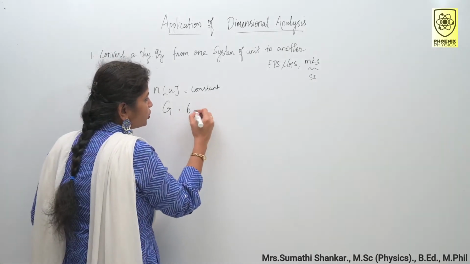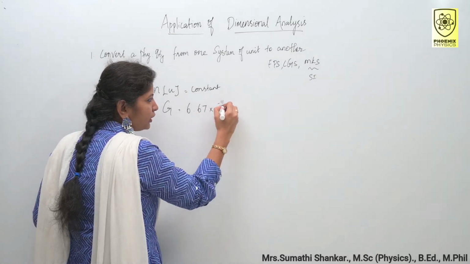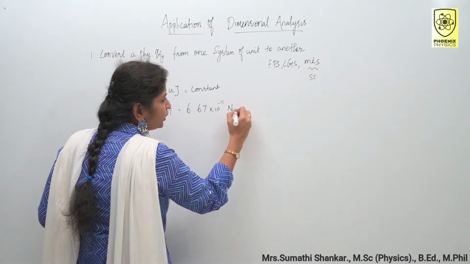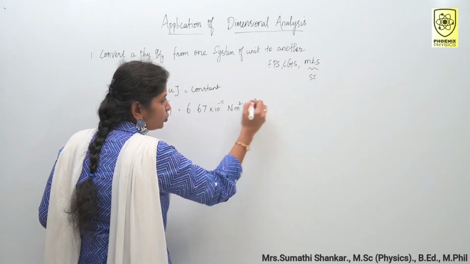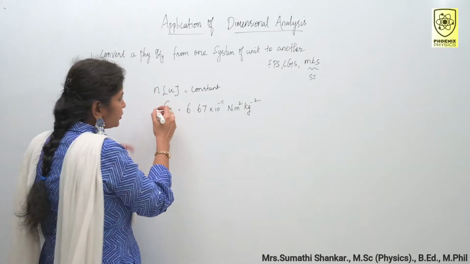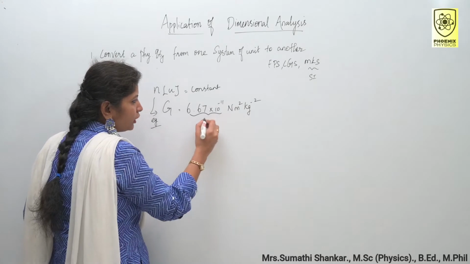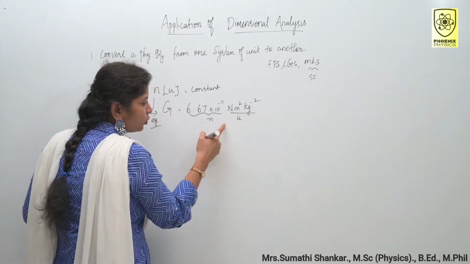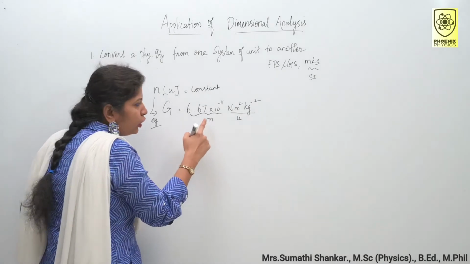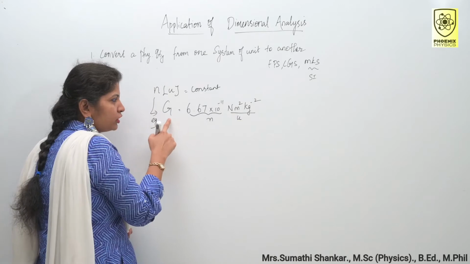Here G value is 6.67 into 10 to the power of minus 11 Newton meter square kilogram minus 2. Here this is a numerical value, it is nothing but our N, and this is the unit. So the product of numerical constant and its unit is a constant.